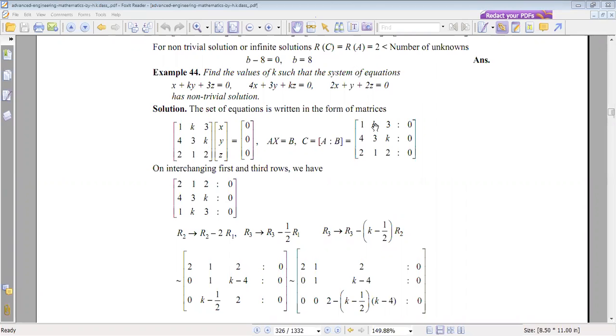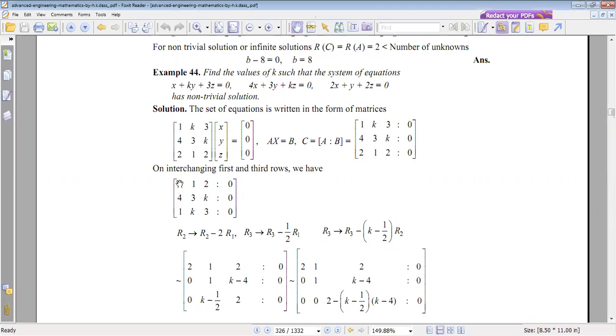That's why we interchange the first row with the third row, so that k is in the third row. So this is 2 1 2, the second row remains the same, 4 3 k, and the third row is 1 k 3.